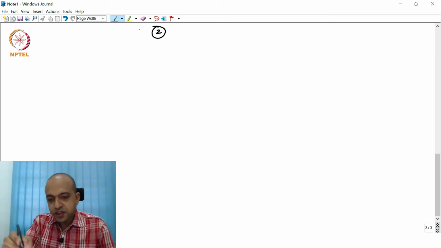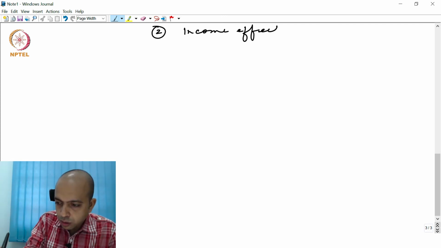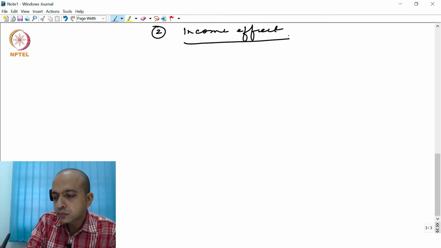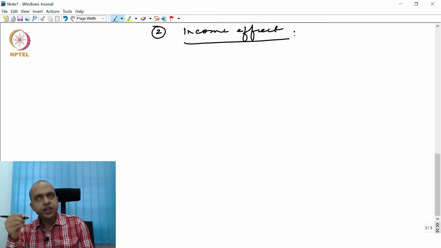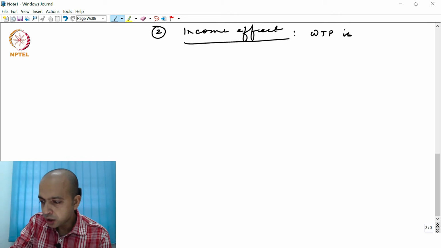Reason number 2 is explained by income effect. When we ask the individual the question of willingness to pay, obviously willingness to pay is based on the individual's income. Individual's willingness to pay is subjected to individual's income.